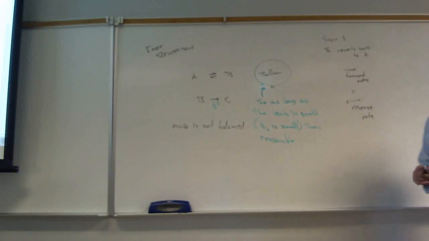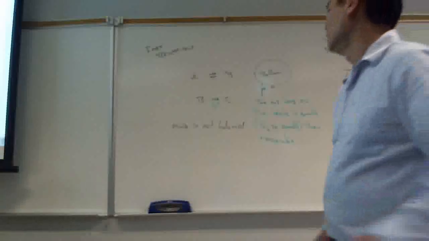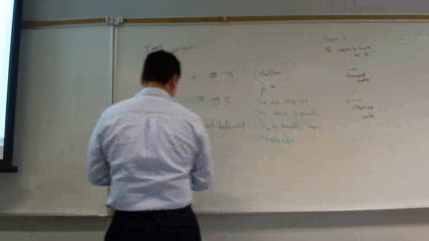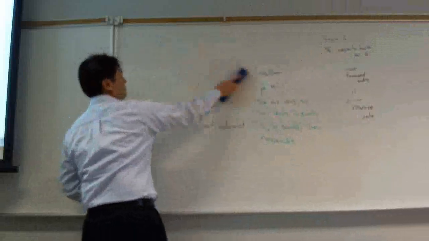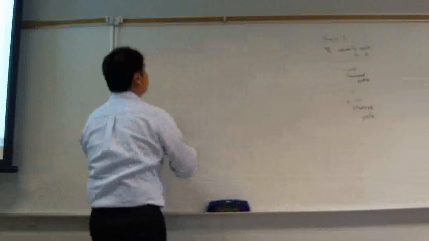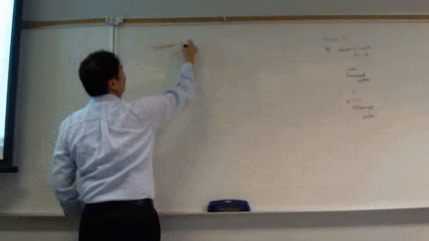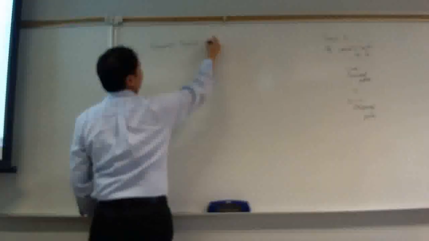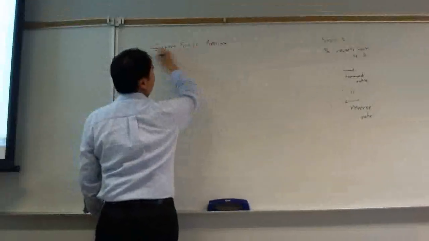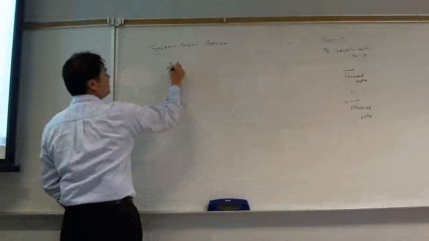As an alternative to this, we could do this for every problem, because this should work, is the steady state approximation. In the steady state approximation, let's just take some simple two-step equilibrium.